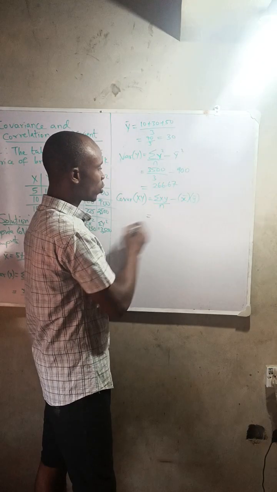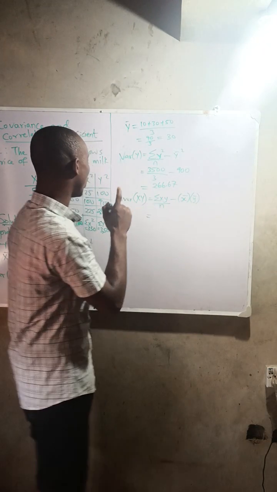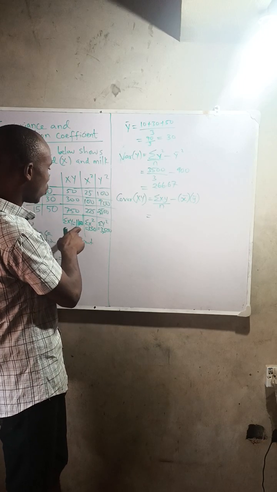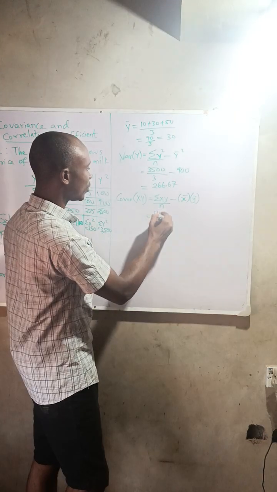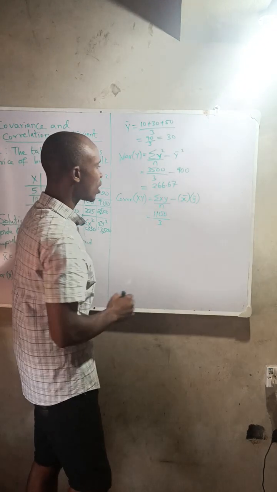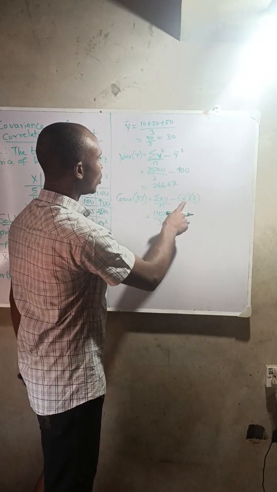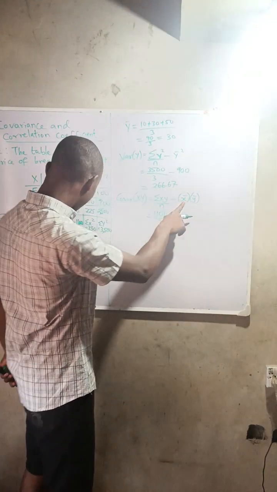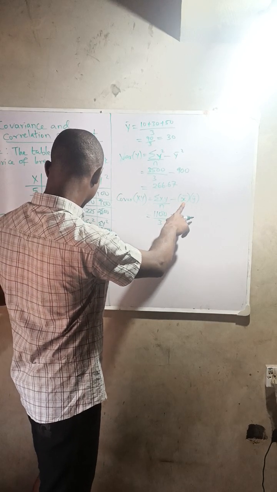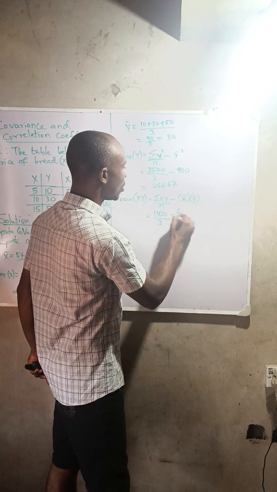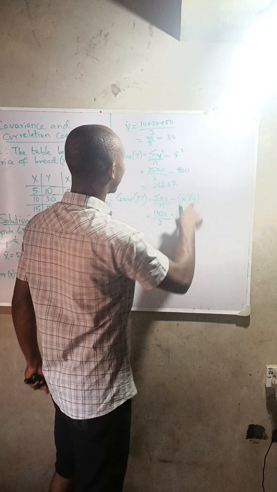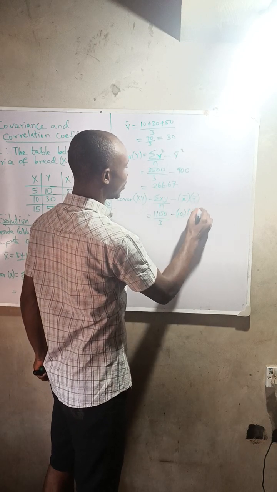So we solve. Summation of xy, we have calculated this, and this is 1100 all over 3 minus the mean of x we calculated, which was 10, and the mean of y calculated is 30.